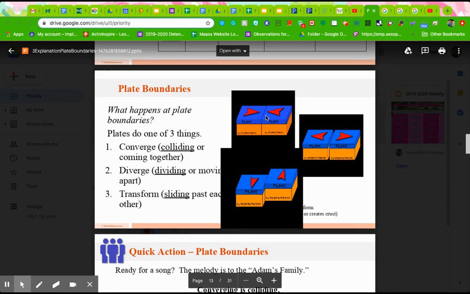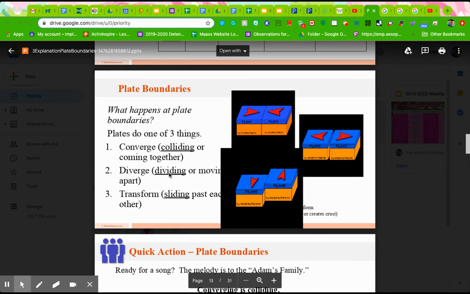It's almost similar to when, like a car accident, when two cars hit each other and they kind of buckle up and just kind of like pile up on each other in a way. That's kind of what happens there. Certain mountain ranges can be formed here.